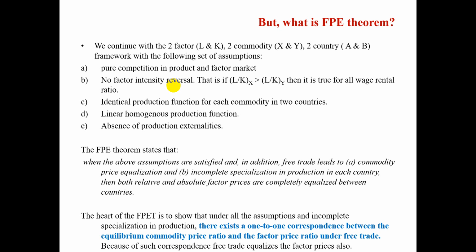So, under these assumptions, and in addition to two other conditions, that free trade leads to number one, commodity price equalization, and number two, incomplete specialization in production in each country, both the relative and absolute factor prices will be completely equalized between the countries.